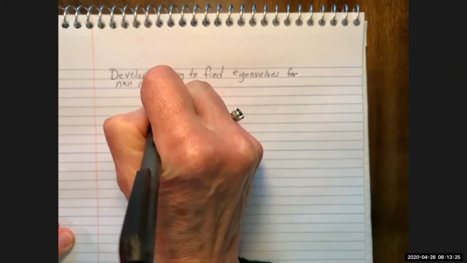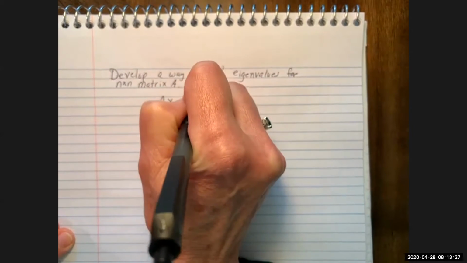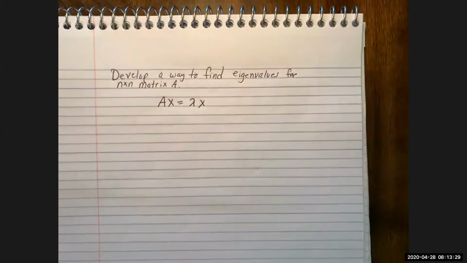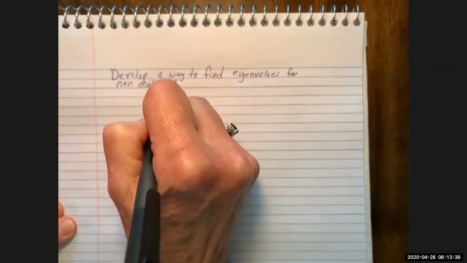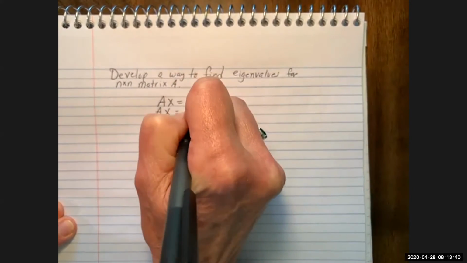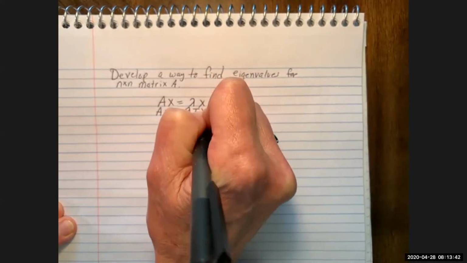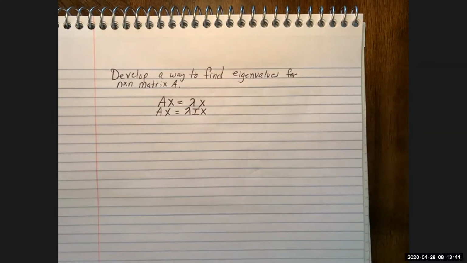So we're going to start with what we want to be true. We want Ax to be lambda x. And because eventually we're going to factor an x out, I'm going to say this is Ax equals lambda times I times x, just to introduce that matrix in there.